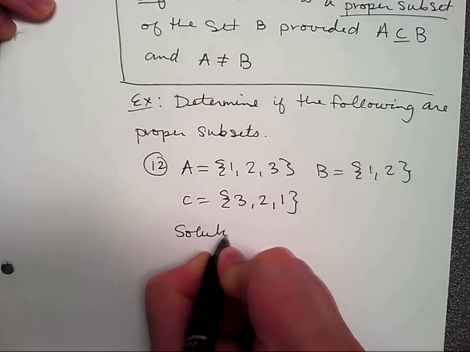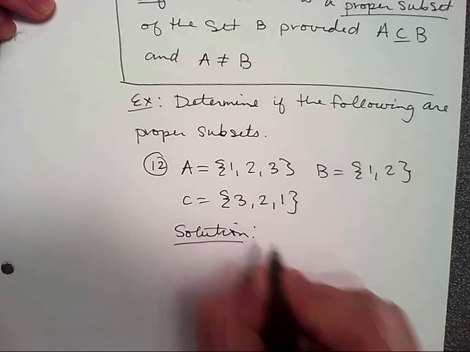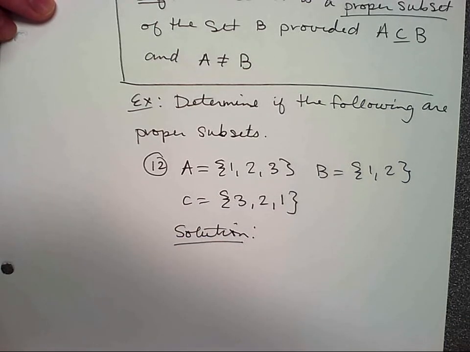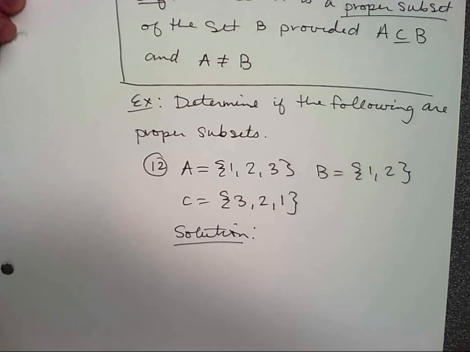Solution. So what do you guys think? We already talked about these three sets with just being subsets, right? One of them is a subset of the other, right? So now we need to see if they're subsets and if they're not equal, right? What do you guys think?